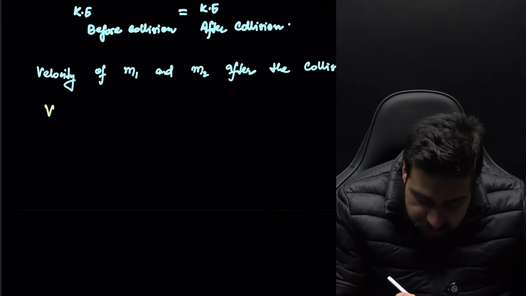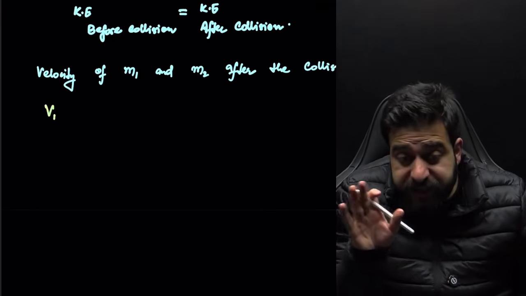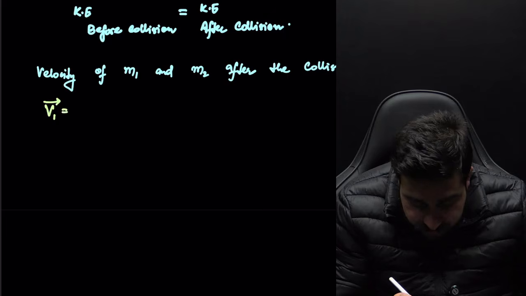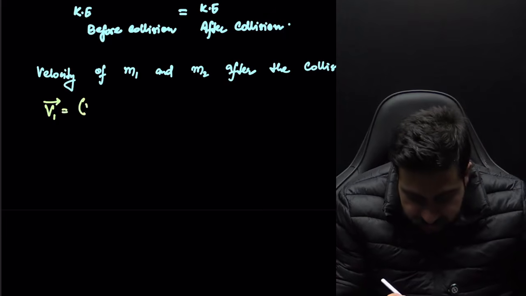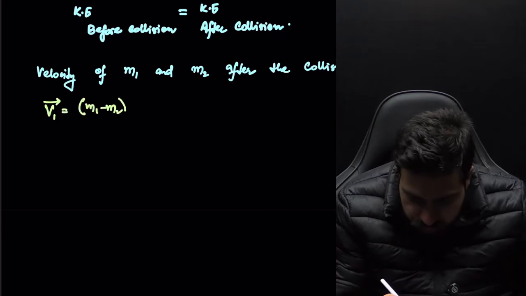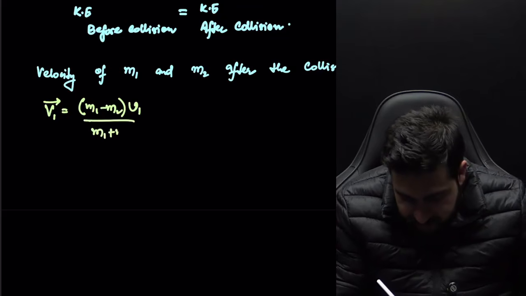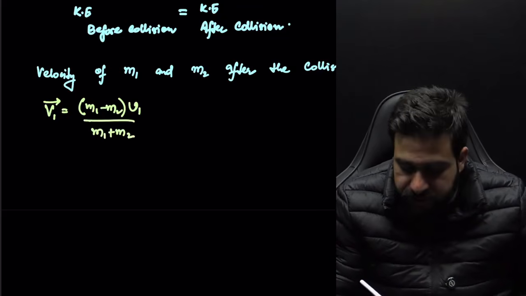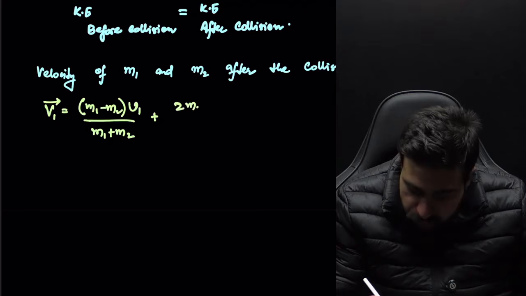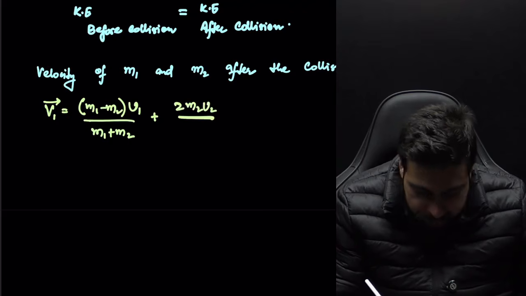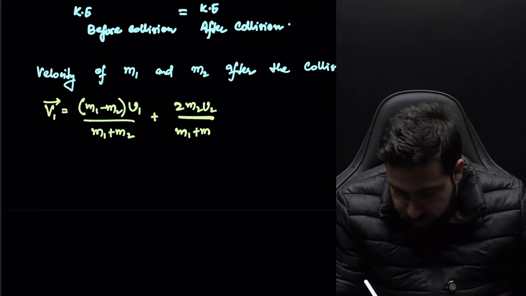After the collision, the velocity of the first mass, I will not be deriving it here, is v1 equals (m1 minus m2) into u1 divided by (m1 plus m2), plus 2 times m2 u2 upon (m1 plus m2).